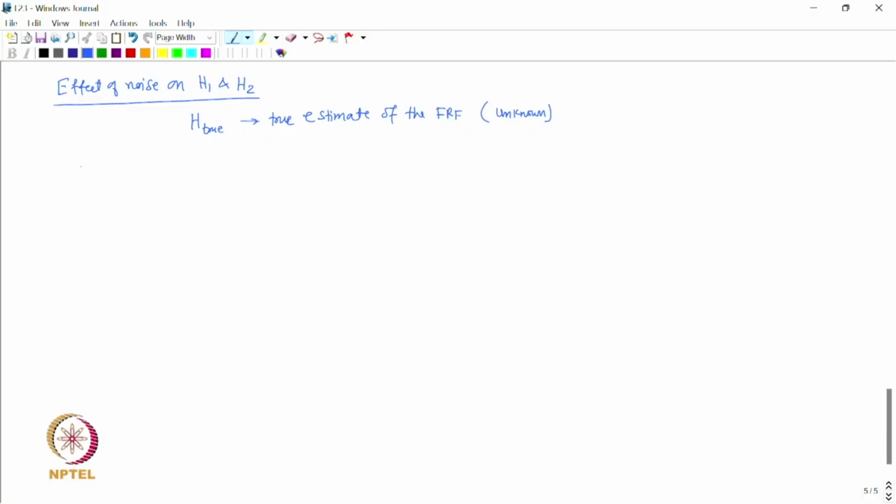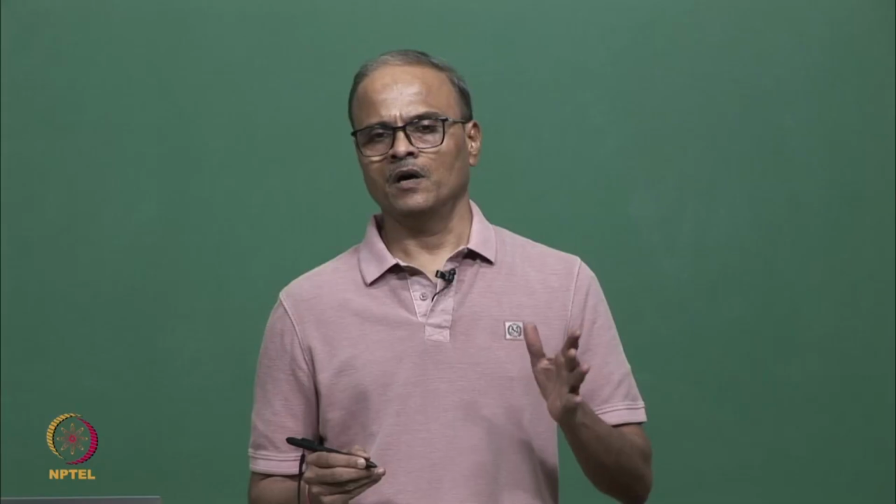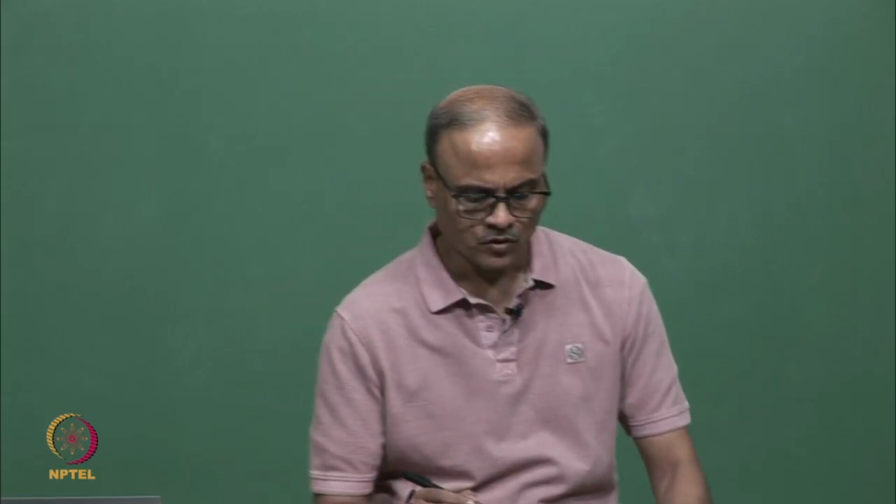So, let us say there is noise in the output, that is the response. So, there is noise in the response, and let us say there is no noise in the applied force, right. So, let us depict this situation by a figure.